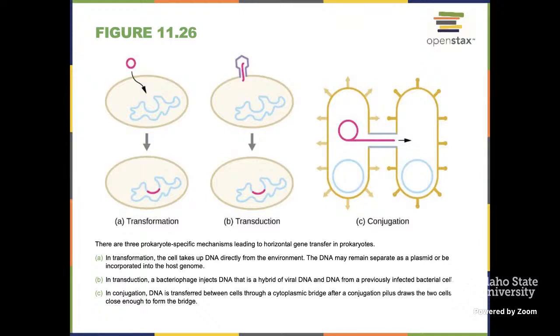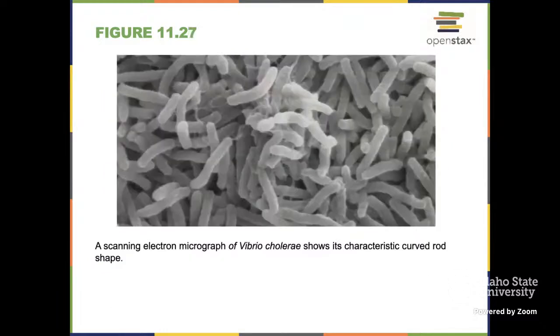So all of these are mechanisms that bacterial cells, which are asexual, have an opportunity to pick up new genetic information. So Vibrio cholerae is a pretty good example of some horizontal gene transfer.